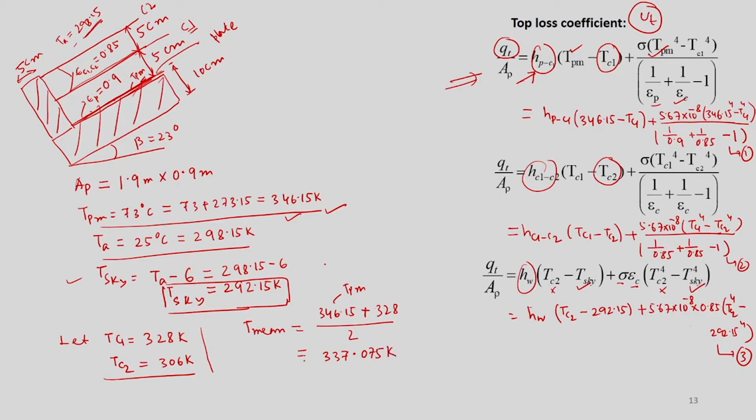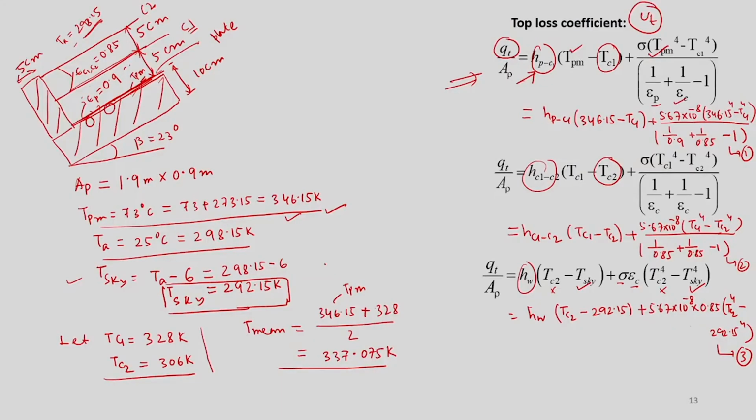Once we know this T mean, then we can get the data for air at this temperature, because in between we will have air, no liquid is there. So, our tubes will be here.